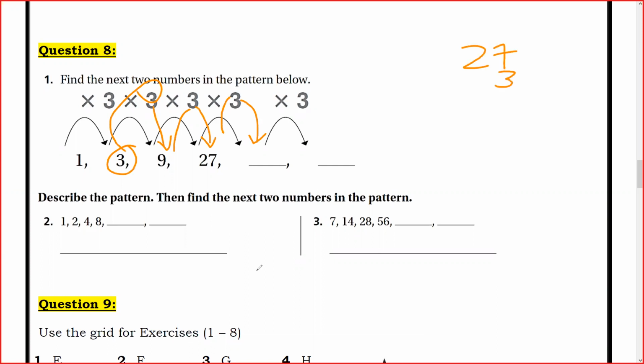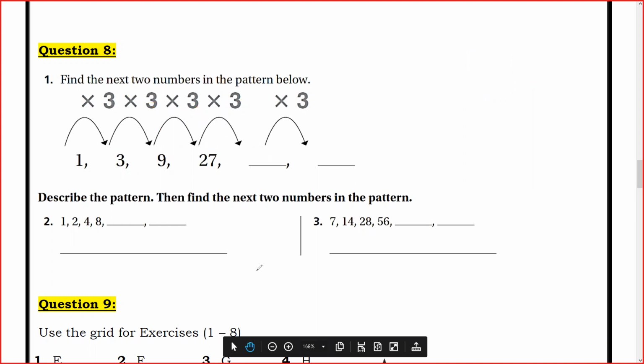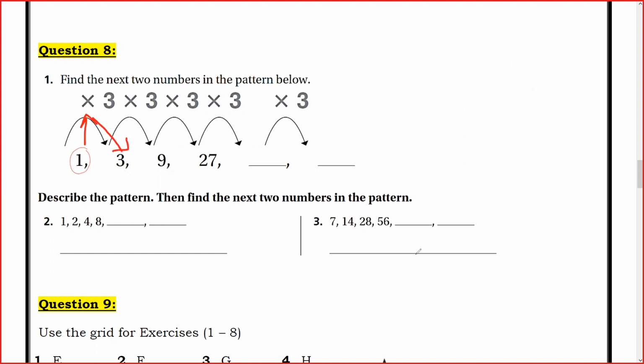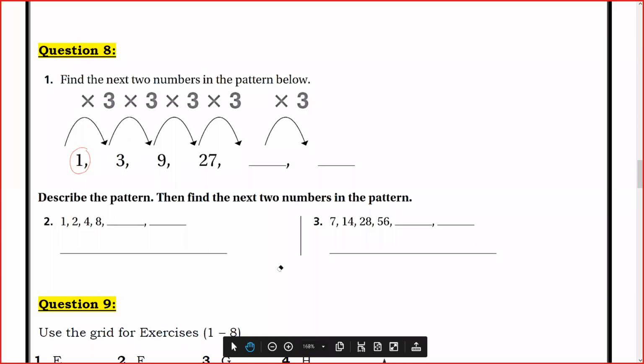Multiply it with what? Here, they told me that the first number, I will re-explain. The first number here is 1. Now, 1, I multiply it by 3, I get 3.